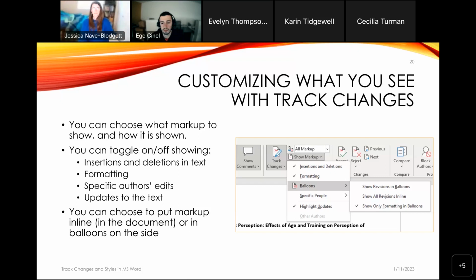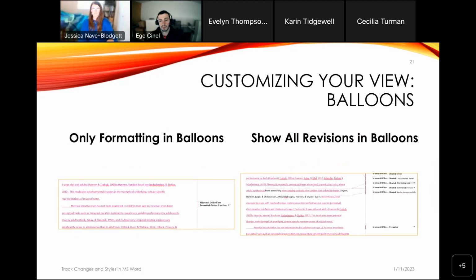So yeah, markup inline or balloons on the side. This is the difference between only formatting and balloons. So here you see that the indent was changed on that particular markup. And you can see that this is a lot of markup. This was stuff added in.